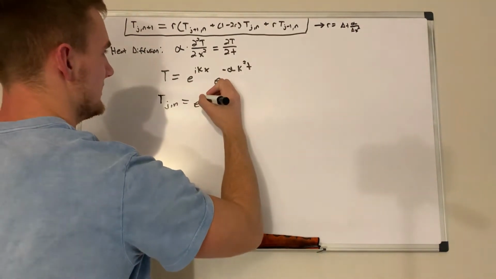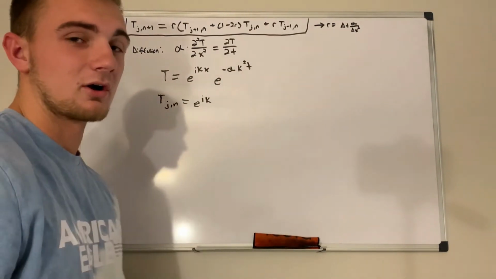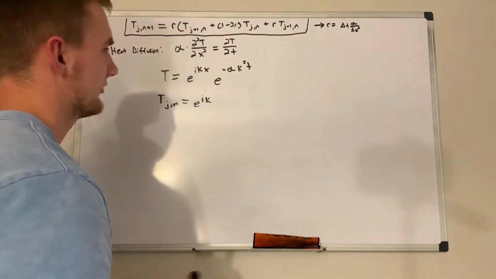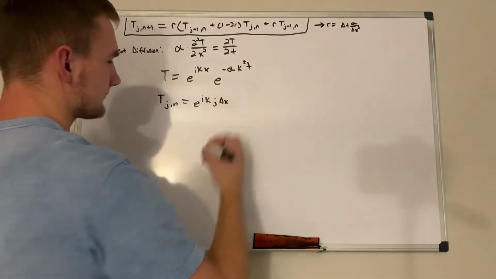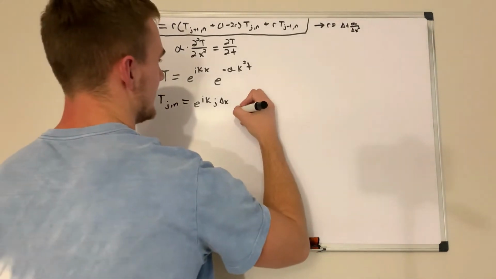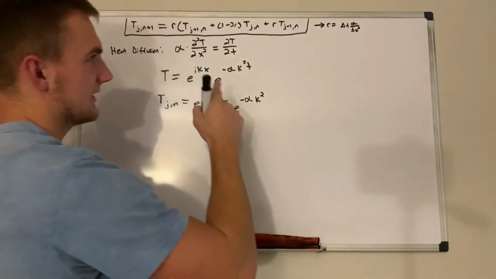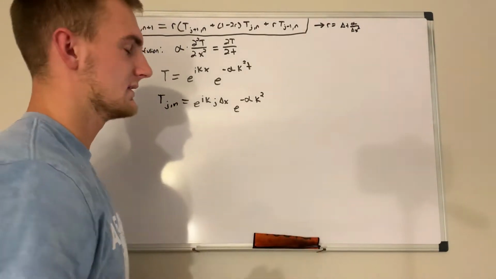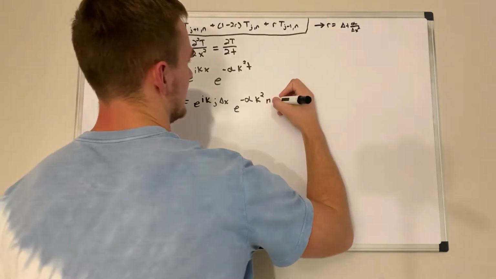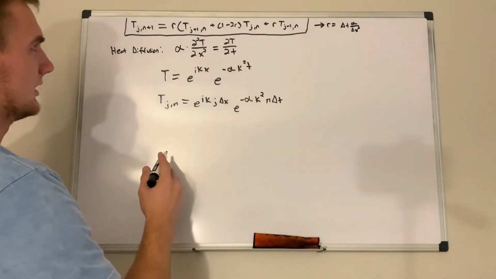So we'll have e to the i k, and x is where we are positioned on that bar, so that'll be j times delta x, and then e to the negative alpha k squared, and we know that t is equal to n times delta t.